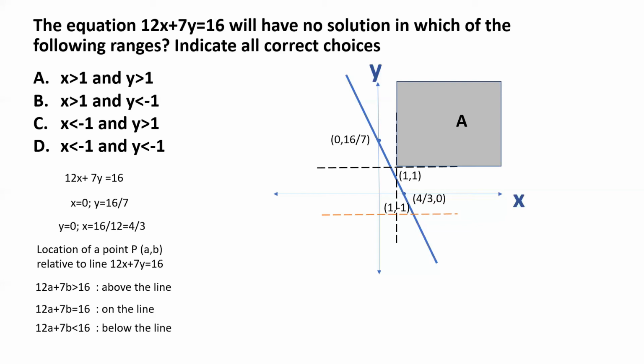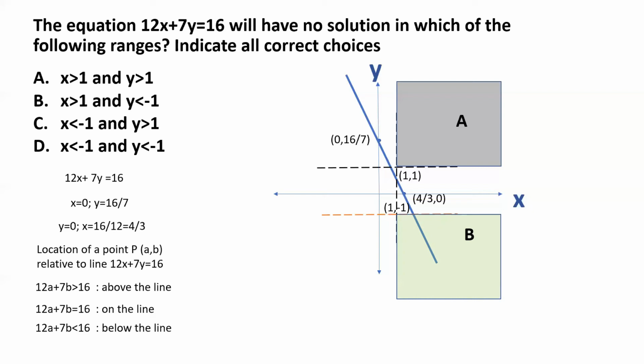If I draw that zone out in our xy plane, the green rectangle represents zone B. It's very clear that our line will pass through this zone, so this zone will potentially have solutions to the equation 12x plus 7y equal to 16.